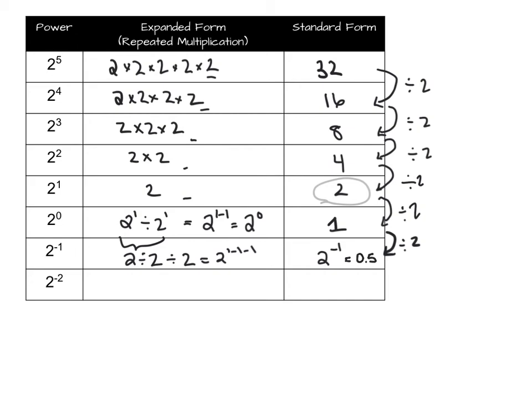And our last one, we know we have 1 over 2 times 2, which gives us 1 over 2 squared, which is equal to 1/4, gives us a value of 0.25, again, simply dividing by 2.